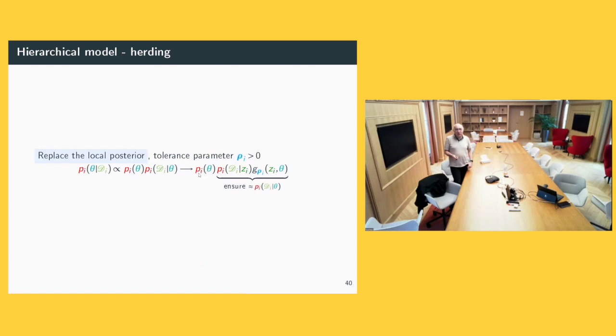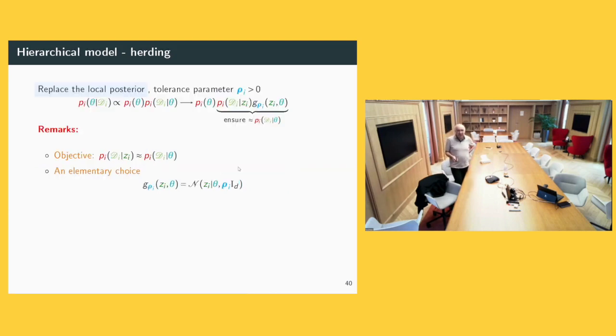Now you have the prior on the parameter theta. Then you introduce a kind of instrumental prior for the conditional distribution of Z_i given theta. I will explain how we construct this quantity, and then you have a kind of local likelihood for given parameter Z_i.